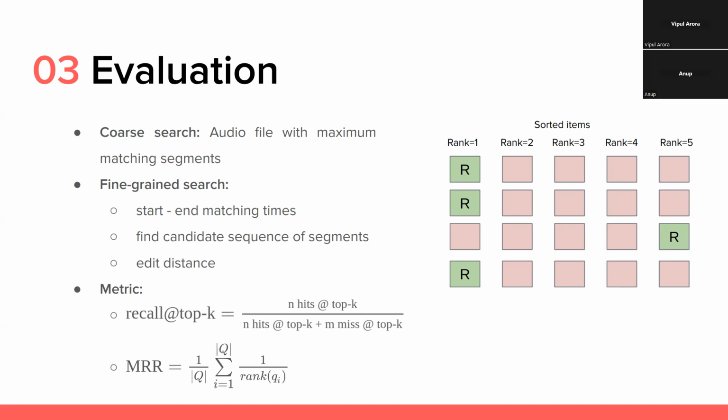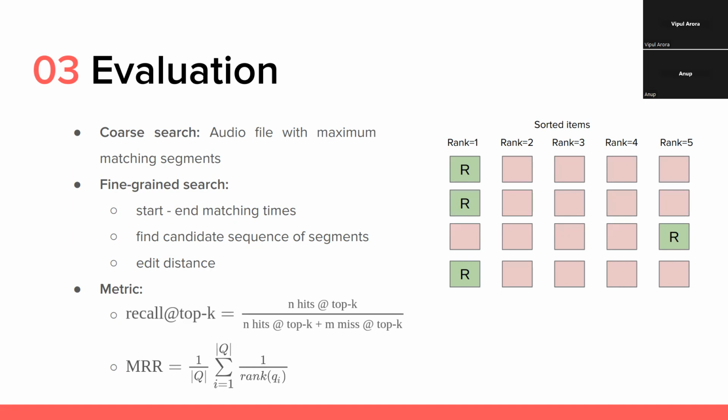The second task is more refined, where you also precisely want to know which part of that audio file the query is coming from. So there are 2 tasks: coarse search and fine grained search. We use some heuristic approach to precisely locate the timestamp within that audio file.